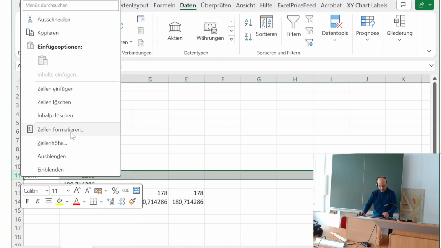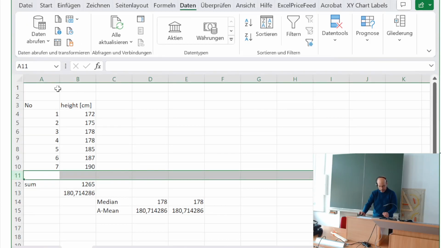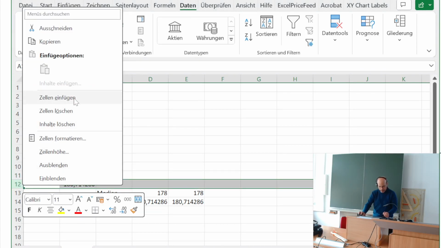geometric mean. And here now we need the product.